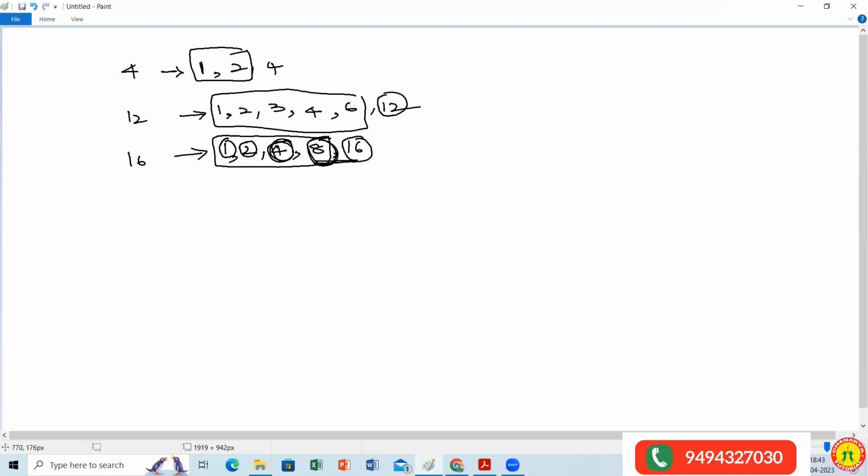Half of 12 is 6, half of 6 is 3. But we have some cases where it is true. The second last factor, the one before the last, you will get as half of the number. That's the logic for every case. You can apply it and check.